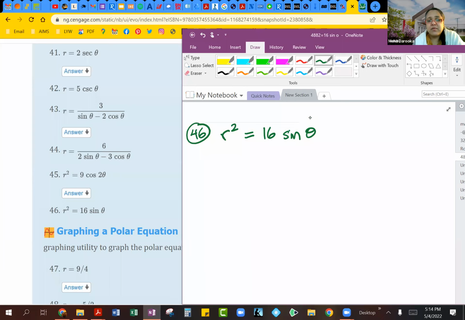Whereas if you look at number 45, where you have r square equals 9 cosine 2 theta. So it's not necessary that you have to have a number being multiplied in front of the theta. As long as you can see the r square over here, and you can see this is a perfect square number for the a square value over here, you're looking at a lemniscate. So this one does not necessarily have to have a number being multiplied in front of theta. So just, something to note.